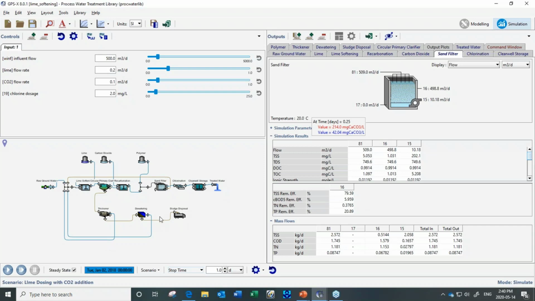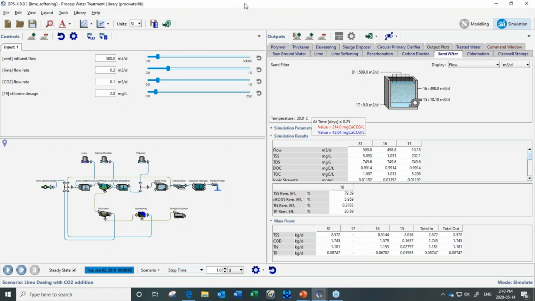Sometimes it is very difficult to get all this data from the plant because you can't really take all the samples and analyze them. So this is probably the best way to get an idea about what quality you have at a given point in your system. So you can do all of those kinds of simulations using this particular tool.